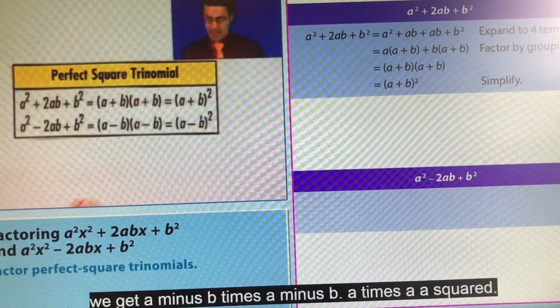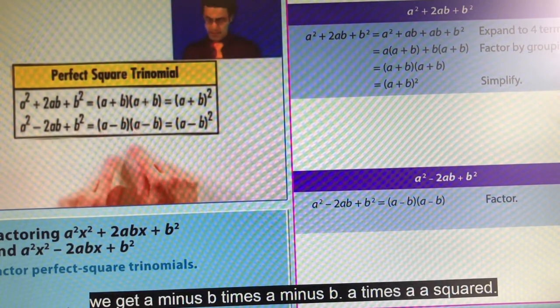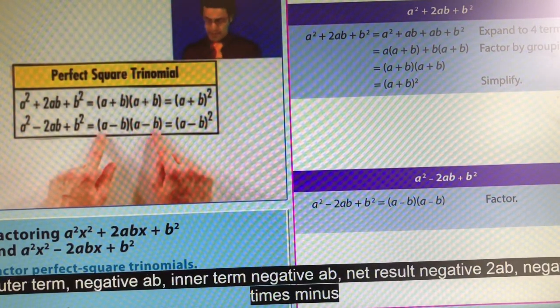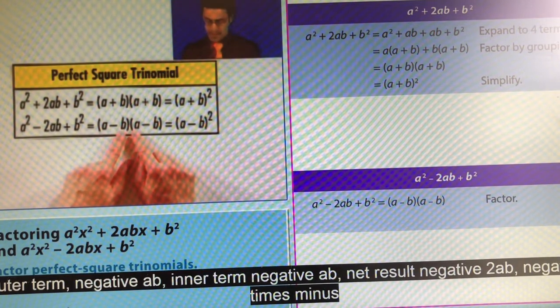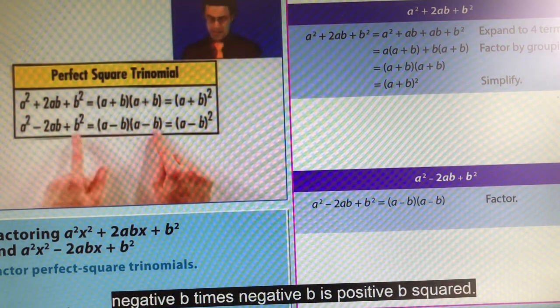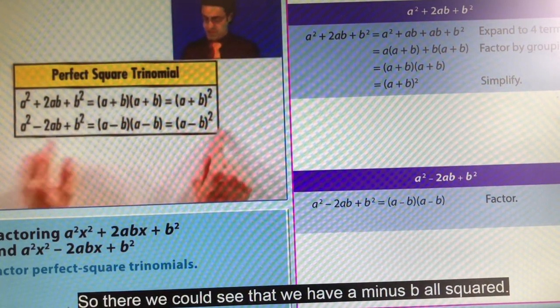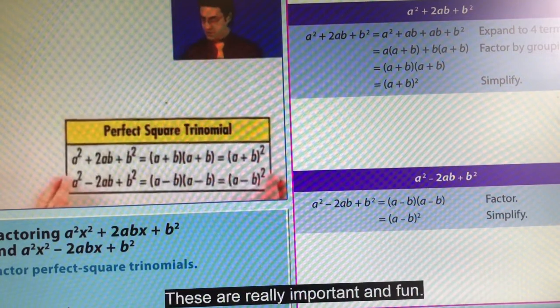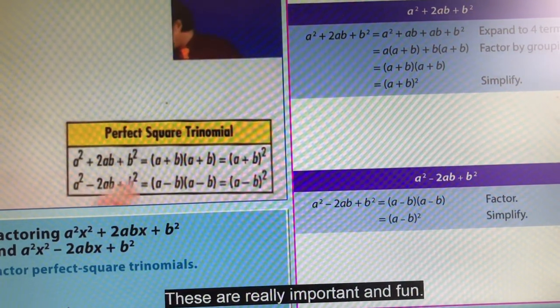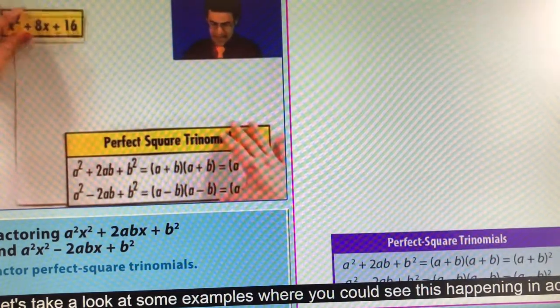We get a minus b times a minus b. A times a squared. Outer term, negative ab. Inner term, negative ab. Net result, negative 2ab. Negative b times negative b is positive b squared. So there we can see that we have a minus b all squared. These are really important and fun. Let's take a look at some examples where you can see this happening in action.